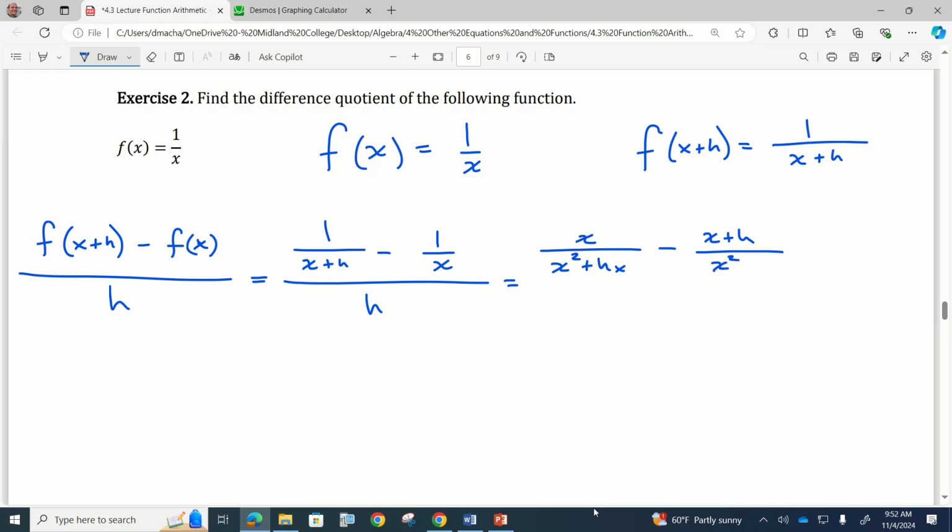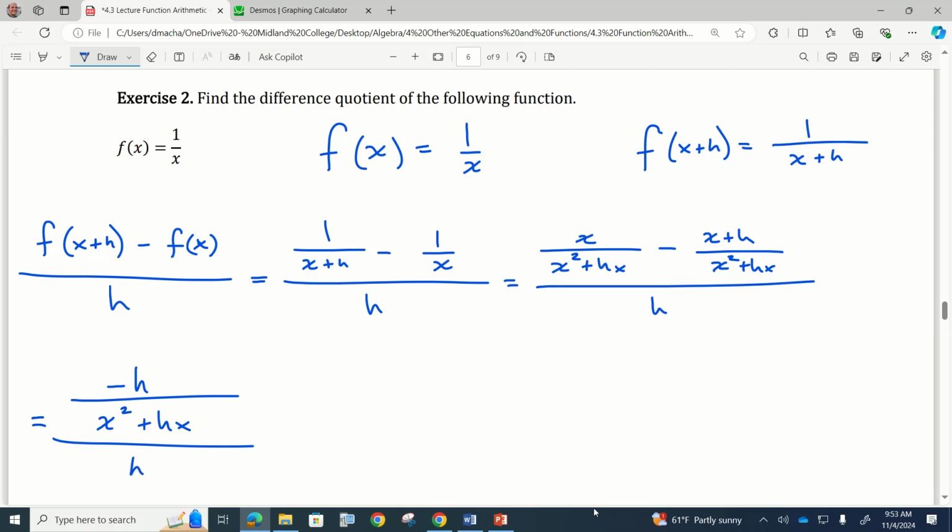So I get this. And then I would subtract, right? So x minus x is just 0, and then minus h, because you've got to distribute that minus sign, is going to give me minus h over x squared plus hx, divided by h.